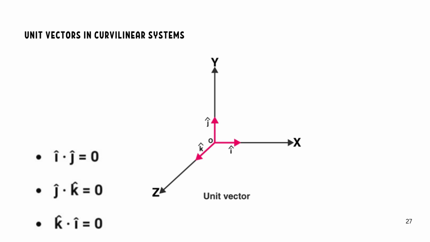Note that i, j, k are orthogonal, meaning i dot j is equal to 0, i dot k is equal to 0. Now, since we have created a new coordinate system, we also need new tangent vectors. These unit vectors allow us to specify directions in the new coordinate system, just like i cap, j cap, and k cap do for the Cartesian system.